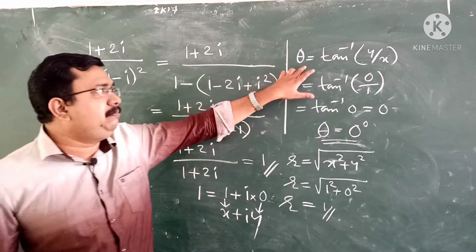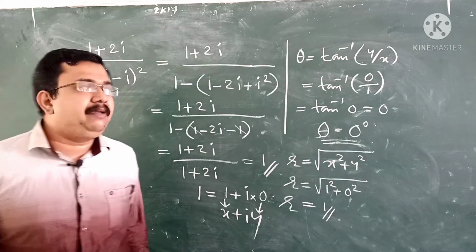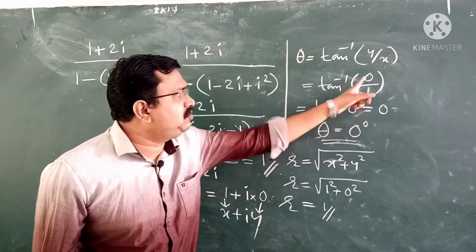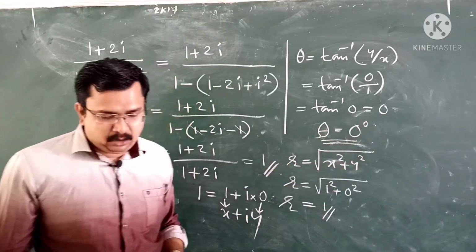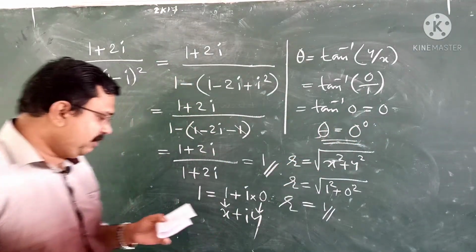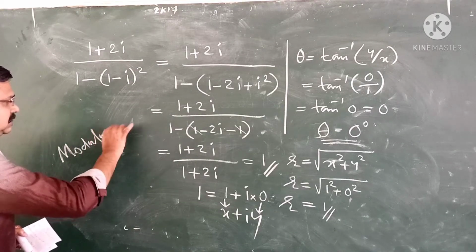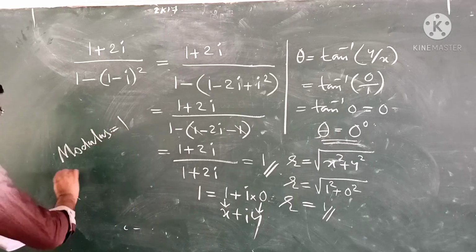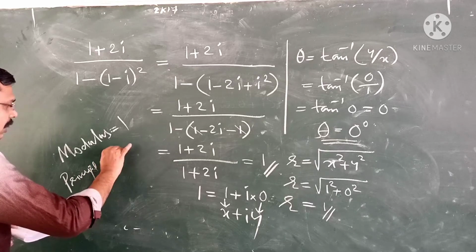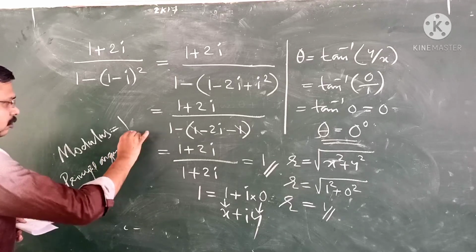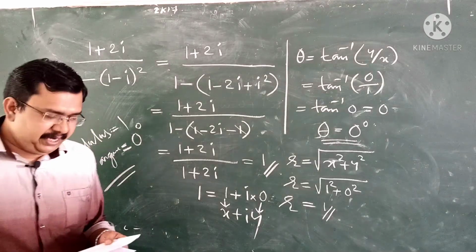Then theta = tan inverse (y by x) = tan inverse (0 by 1) = tan inverse 0 = 0. That means theta = 0 degree. Remember that the modulus is equal to 1 and the principal argument is theta = 0 degree. This is our final answer.